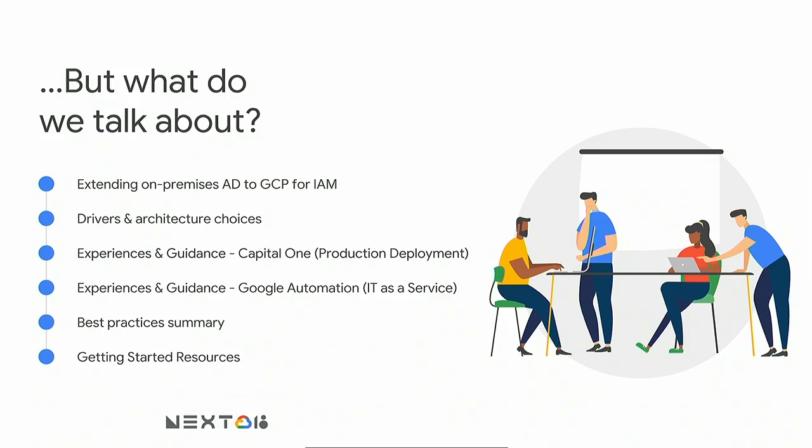So in particular, the things we'll cover is, how is it that you can use your on-premises Active Directory, where you do your users and groups management, to get identity and access management configured on GCP. We'll talk about some drivers and architecture choices for actually running AD on GCP itself. After that, we'll have 2 great case studies coming up of actual experiences of having run AD on GCP. And we'll round it off with some best practices.